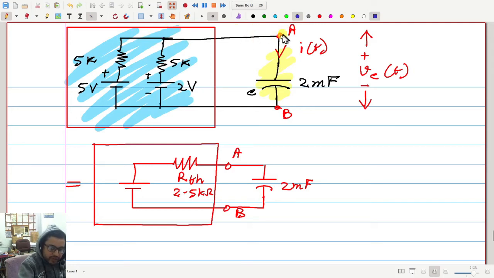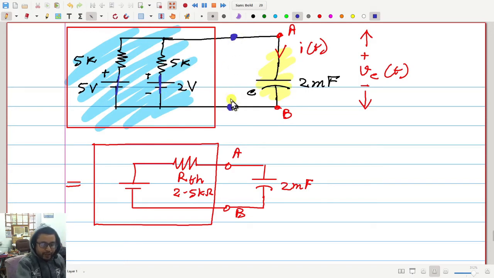We have to first replace all the sources with their internal resistances. For a voltage source the internal resistance is 0, so you just short circuit it and remove the voltage sources and measure the resistance between point A and point B.